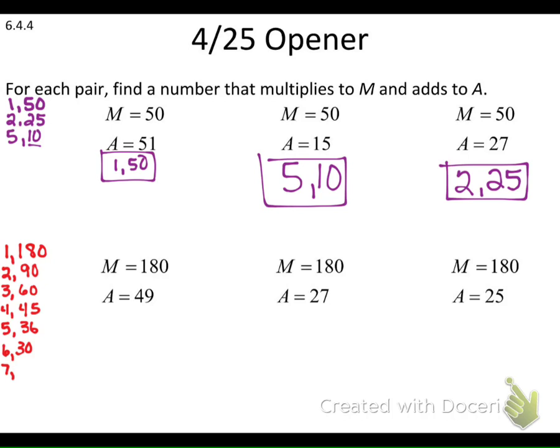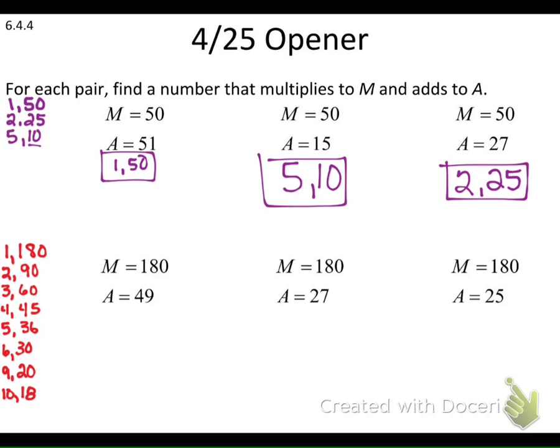You can't do 7. Can't do 8 either. 9 and 20. 10 and 18.